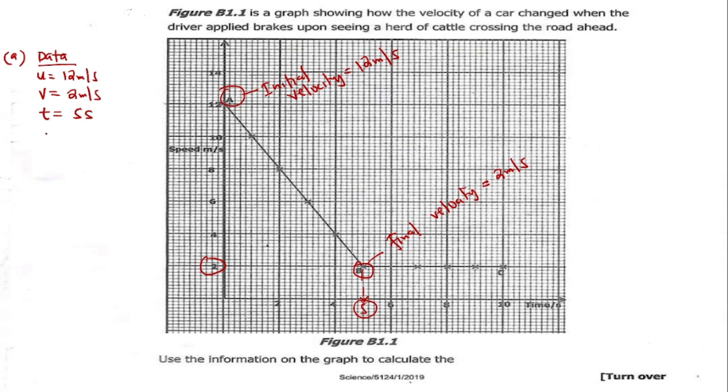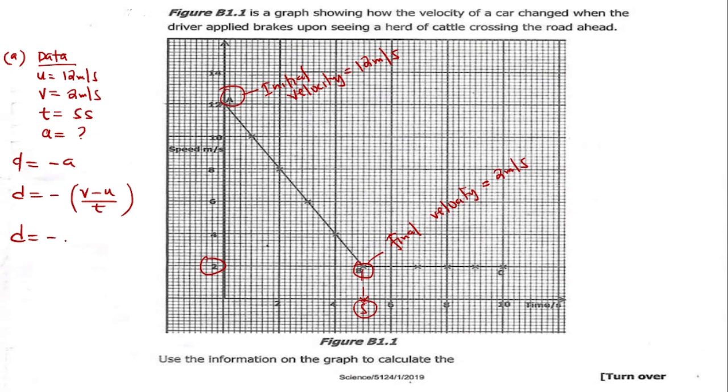Then we need to find the retardation. We are told that the retardation is the negative of the acceleration, so retardation is equal to minus, excuse me, the final velocity minus the initial velocity, divided by time.